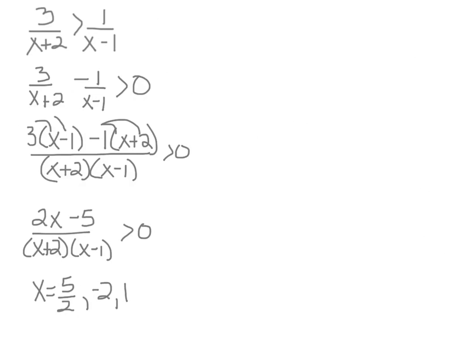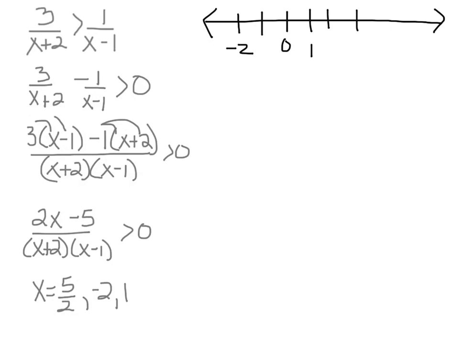So we're going to put those on the number line. The lowest we want is -2, -1, 0, 1, 2, 3, so 5/2 is right there.